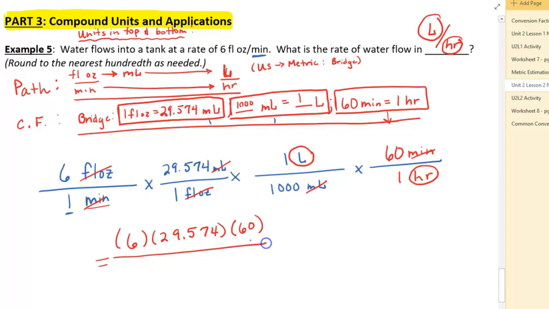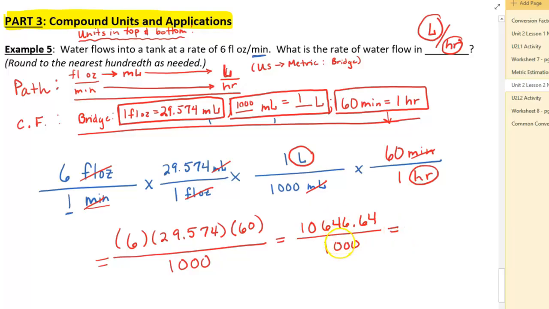And on the bottom, we have 1 times 1 times 1,000 times 1, so that's just going to be 1,000. So in your calculator, if you do 6 times 29.574 times 60, you should get 10,646.64, and that's over 1,000.